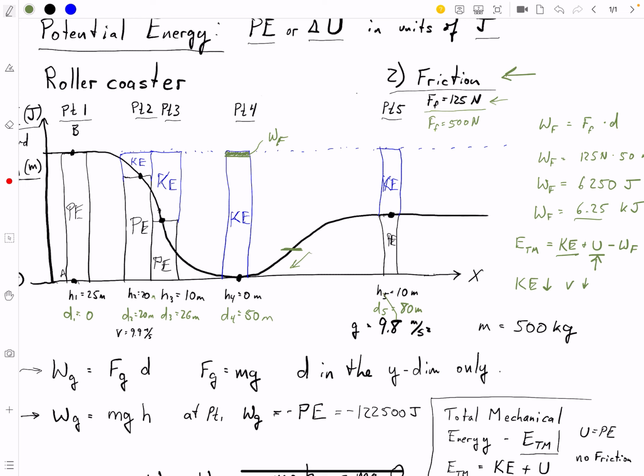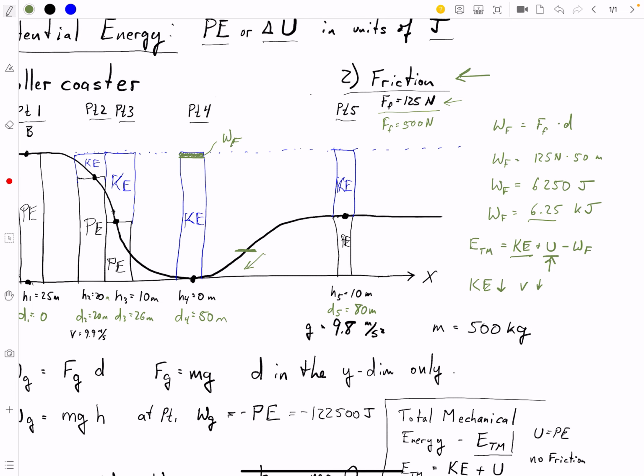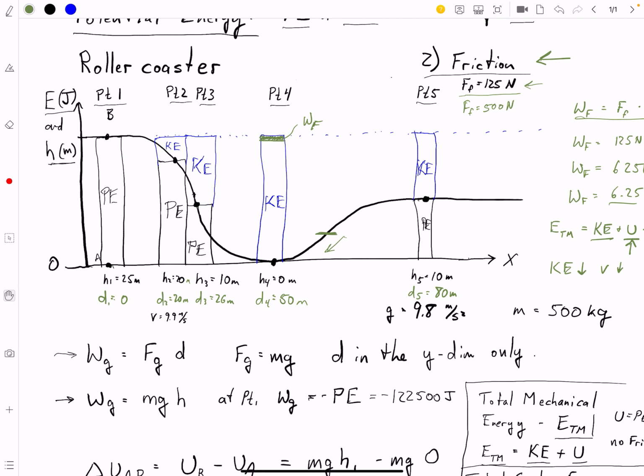So we've got some work to do to figure out what the work due to friction is. Okay, we're going to do this equation, force of friction times the distance, and all we have to do is write down what the distances are for the different points.